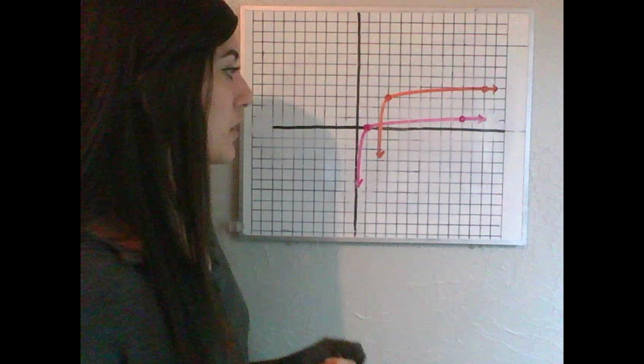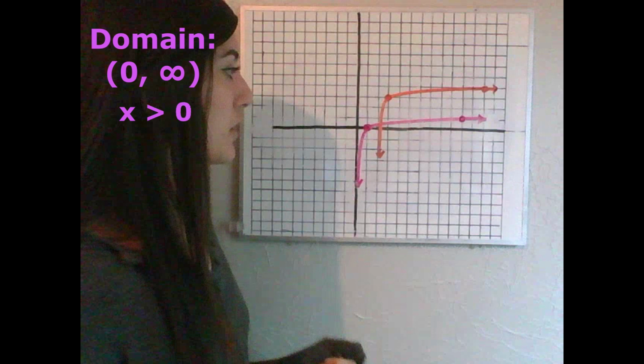So you would use open parentheses, 0, comma, infinity, or in inequality form, x greater than 0. Our range is going to be all real numbers because it goes up forever and down forever. So it'd be negative infinity to positive infinity.